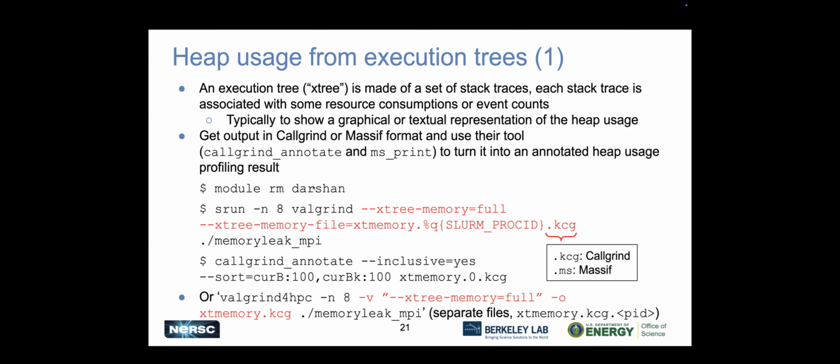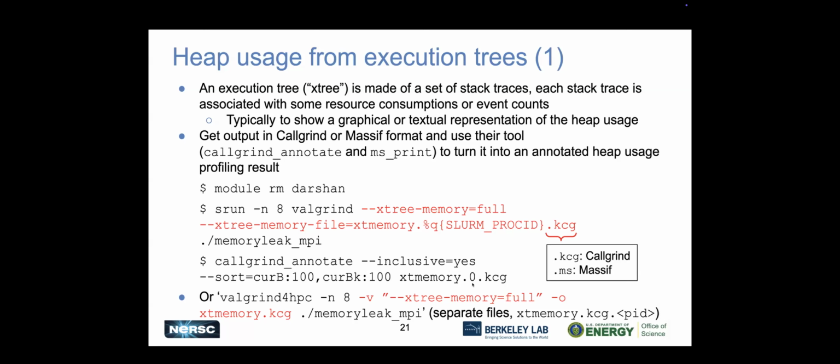So you can run Valgrind using this special flag, --xtree-memory=full, and then you specify the output file name. .kcg means that the output is in the Callgrind format, and .ms is for Massif format. And then you post-process this output using this sorting. We want the output sorted by curB, whatever that means, which I will explain in the next slide.